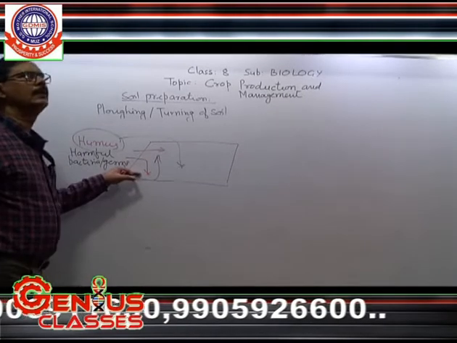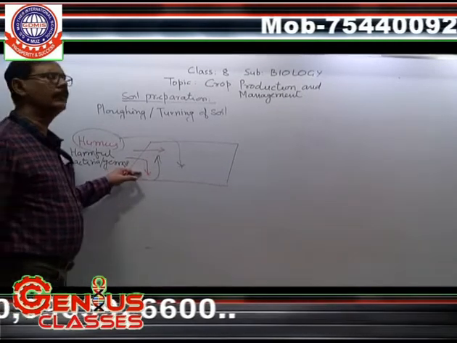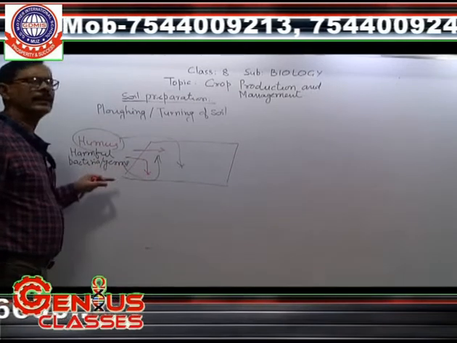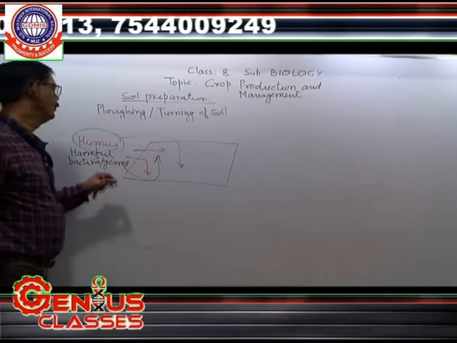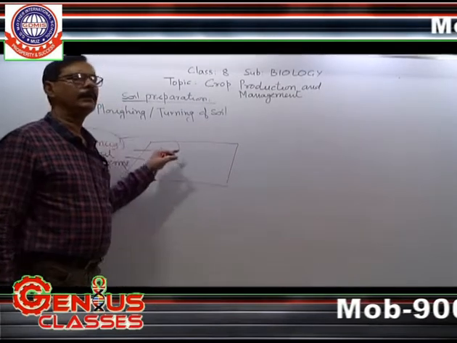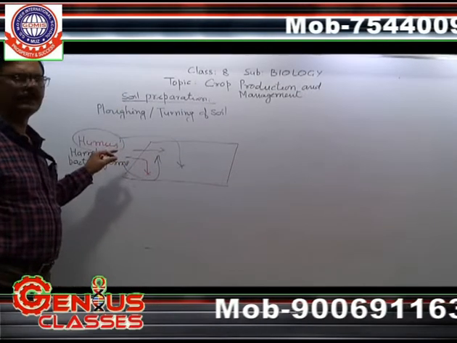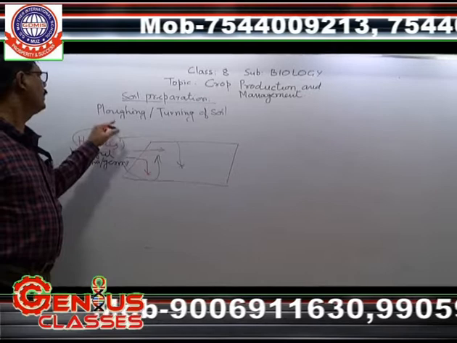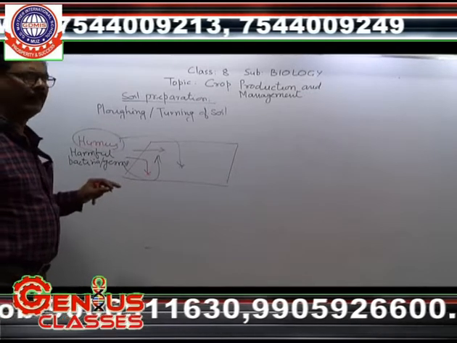Also some of the birds take away these germs for their own feed. So this way we enrich our soil with the nutrients. This is the first advantage of ploughing.